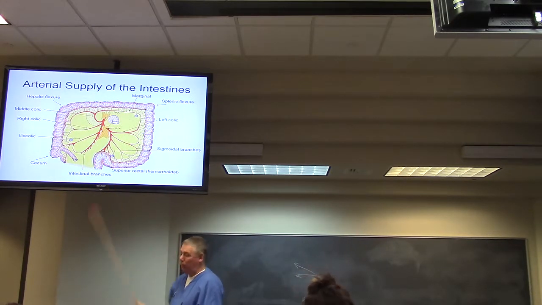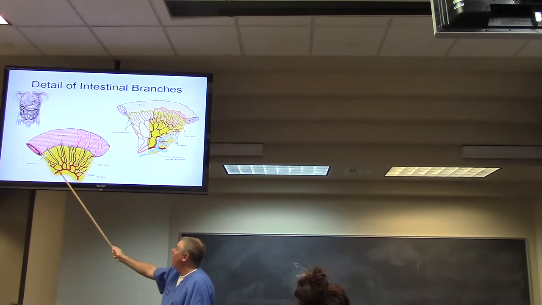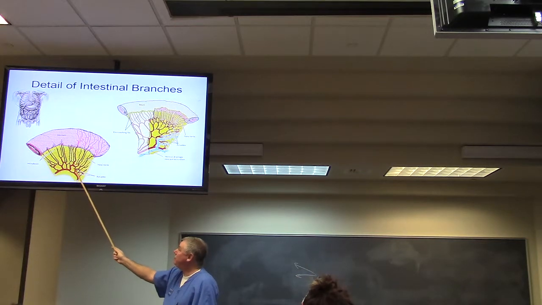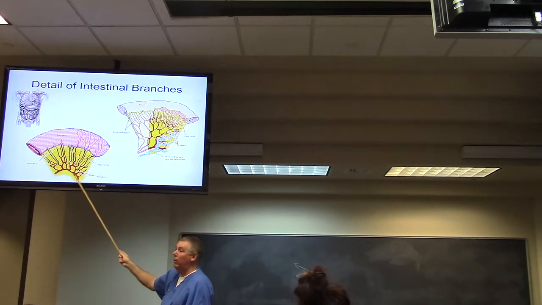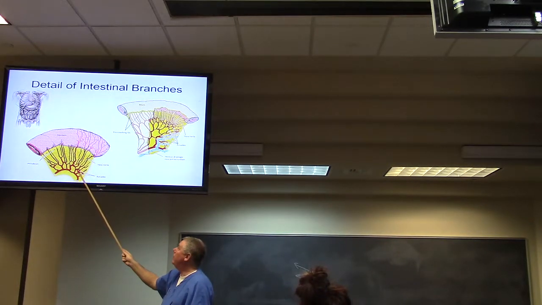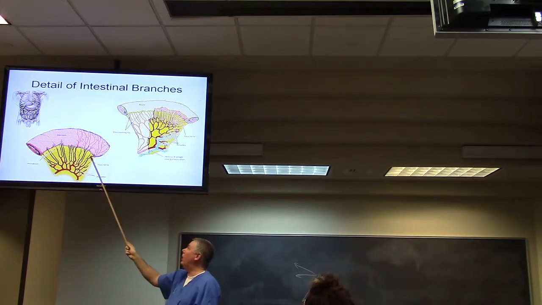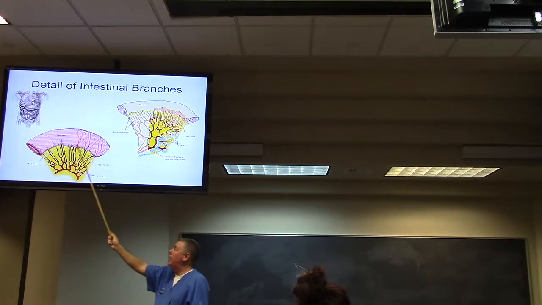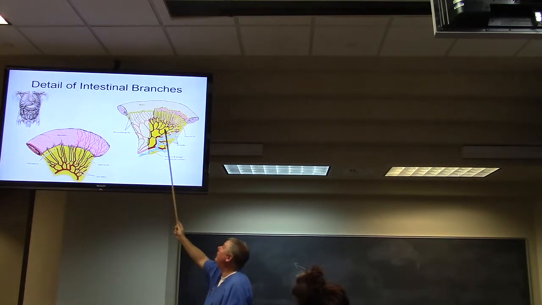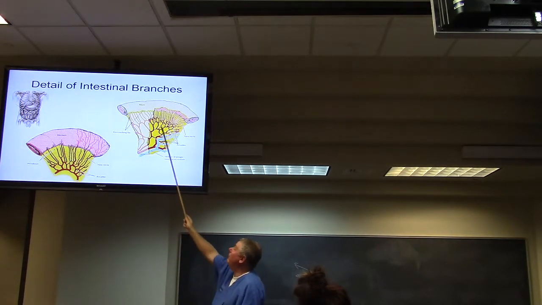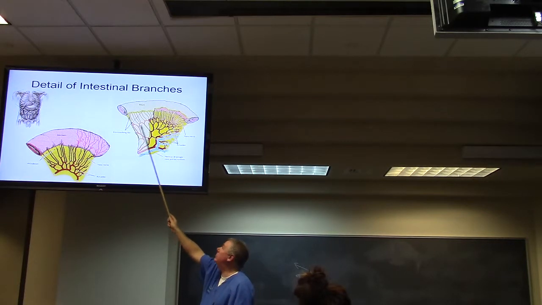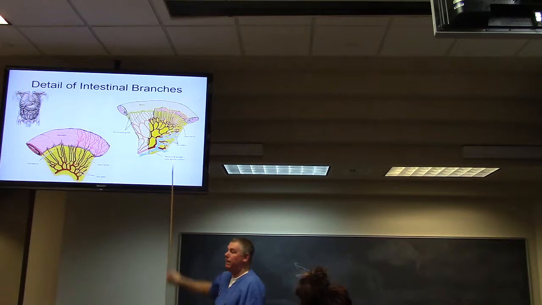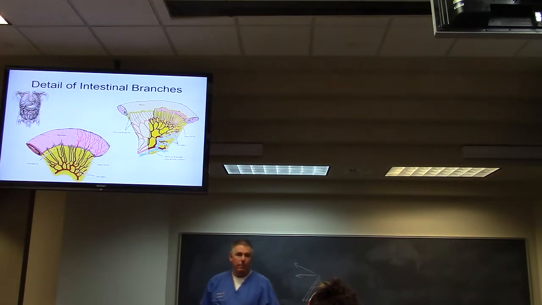Those intestinal arteries form arcades. In the jejunum, the arcades are small and the windows are large. In the ileum, the opposite is true. You have large arcades in the ileum and small windows, or vasa recta, that make up the windows.